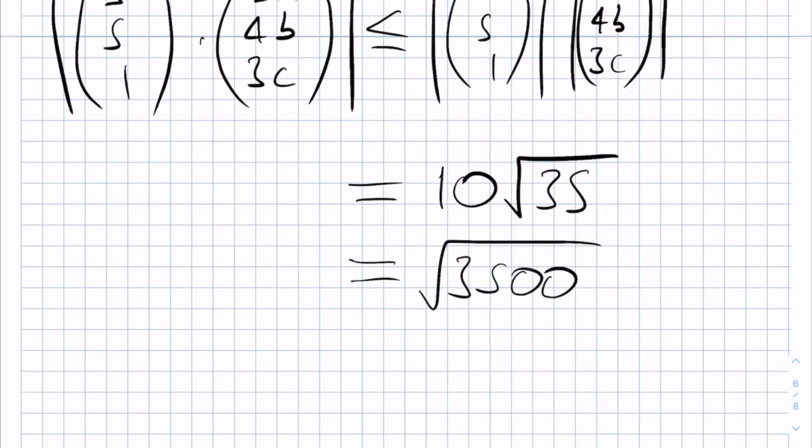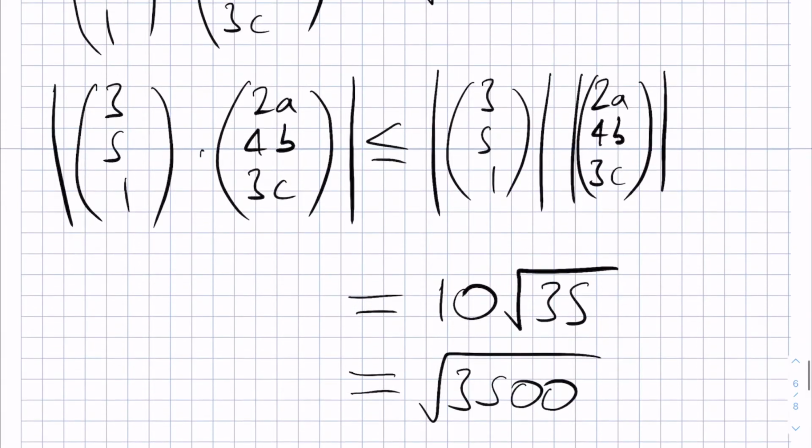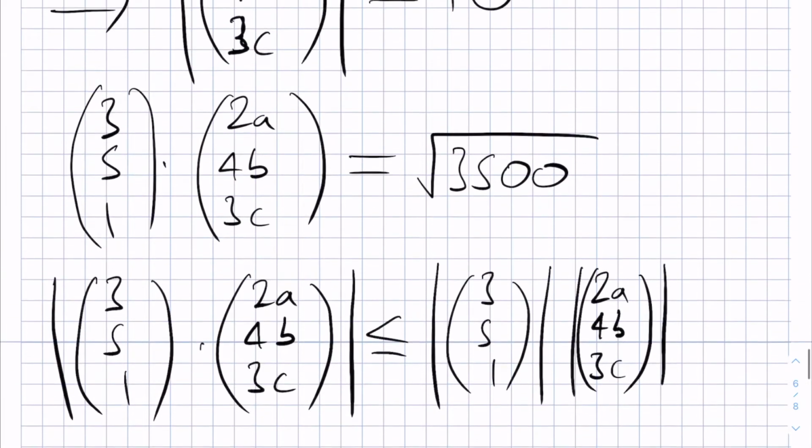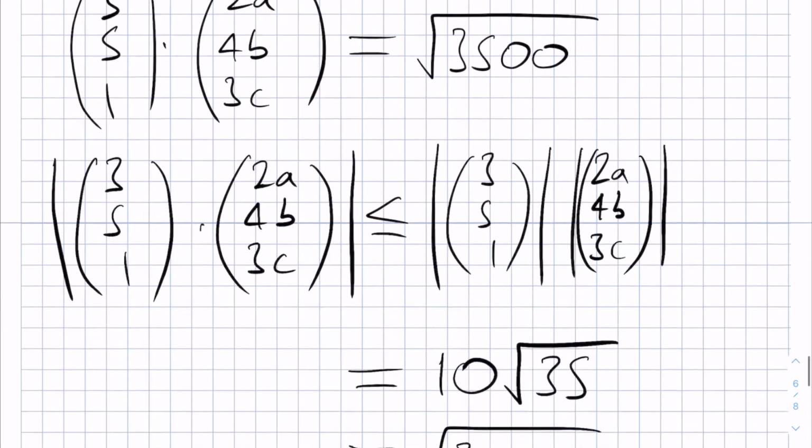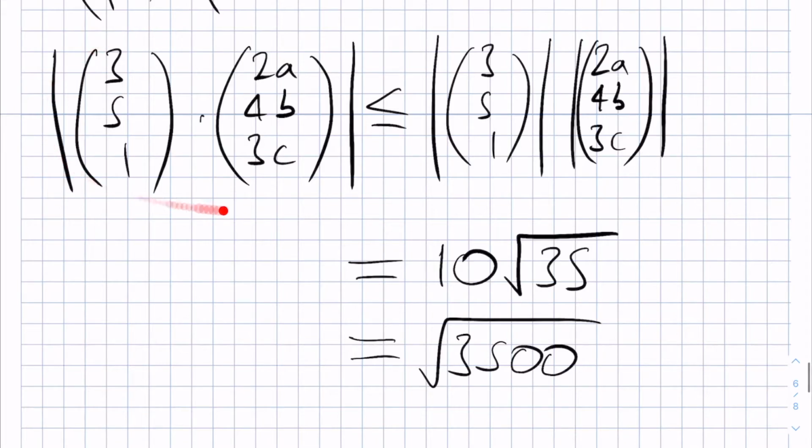and therefore we have the square root of 3,500. Now that we've written down the Cauchy Schwarz inequality for this dot product equation, we note that this equation here is an equality case for this Cauchy Schwarz inequality here. We know that this only occurs when the vectors involved are parallel to one another.